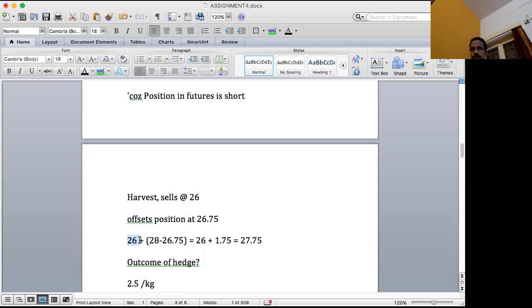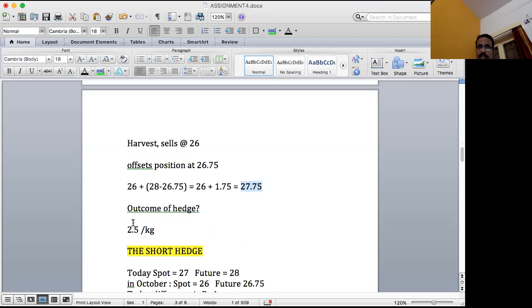By selling his harvest, since the price has fallen from 27 to 26 in October, he gets 26, and by offsetting or squaring off his futures position, which is 28 minus 26.75, he gets 1.75. So overall, what he nets is 27.75, which is more than if he had not hedged. In that case, he would have had to sell the entire produce at 26, which would not have been a hedged position for him. So what is the outcome of the hedge?